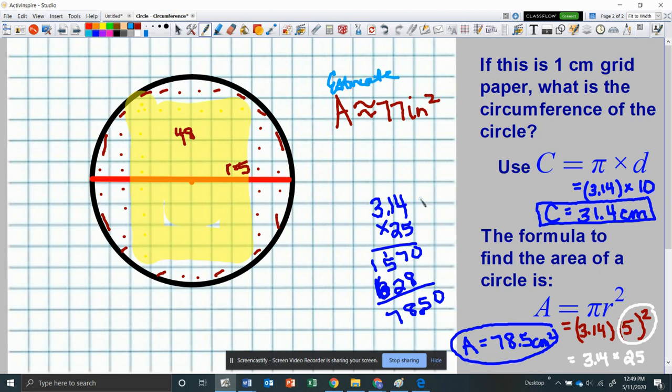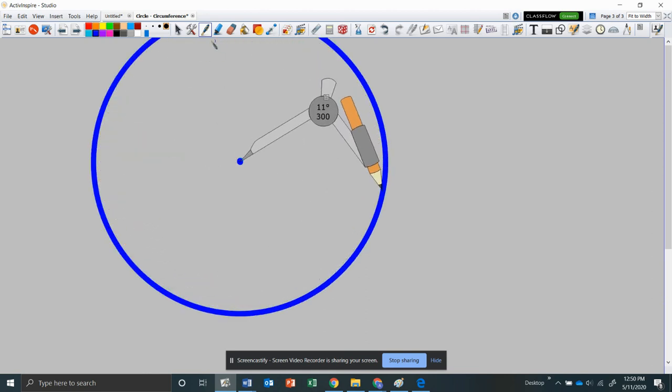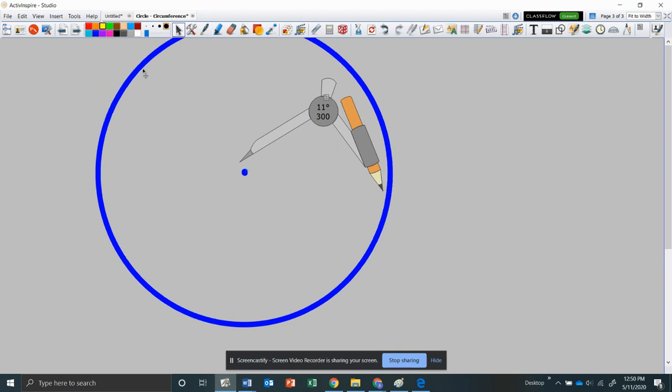But we're not always going to have a grid. Sometimes we're just going to have a circle. And sometimes the circle is going to have a diameter that's in a decimal or going to be in a fraction. And so if I have my picture, let's see if I can now move this down.